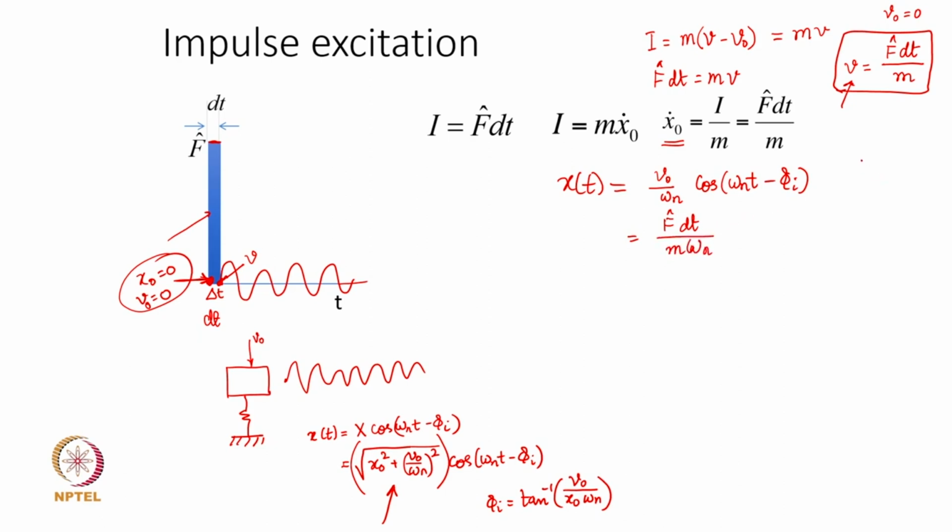What is phi? Now, make a note here, it is dependent on v naught and x naught. Now, we have assumed x naught to be 0, which gives us the value of phi to be 90 degrees, or pi by 2, which of course makes this expression change to sin omega n t. So, the response of the system after the impulse ends is given by this expression.